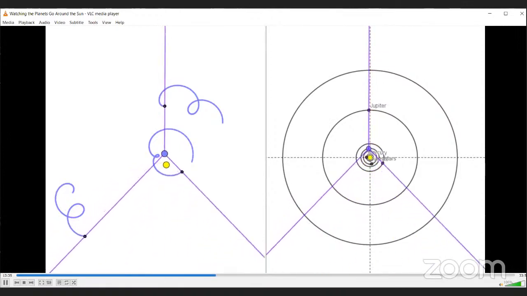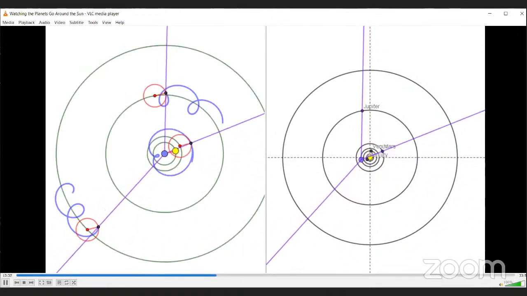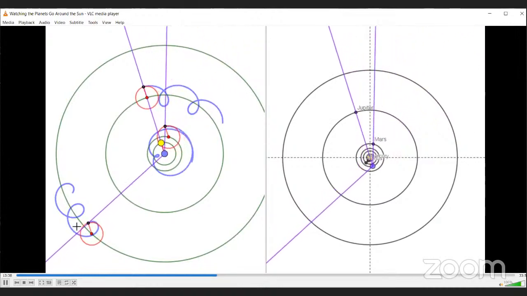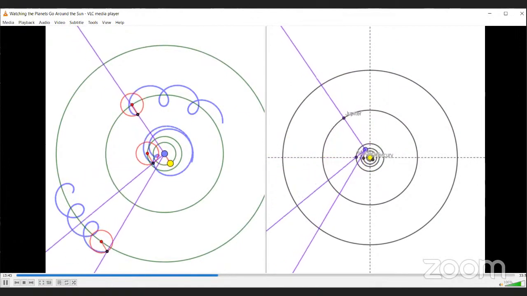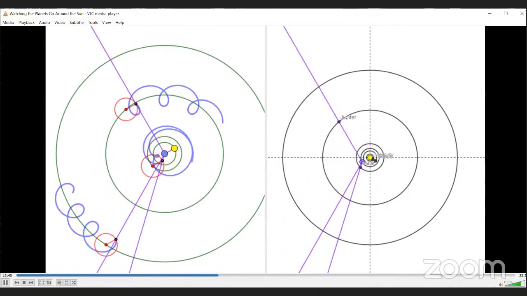And let's add in the epicycles. If I look at the epicycles for the outer planets, we can start to see a little bit of interesting regularity. This isn't quite the way Ptolemy arranged things. He had things spaced out a lot further, because here, notice the epicycle for Mars.